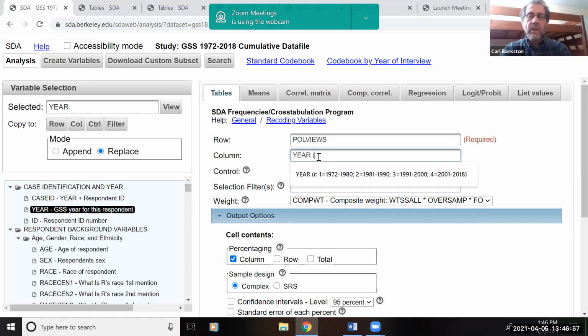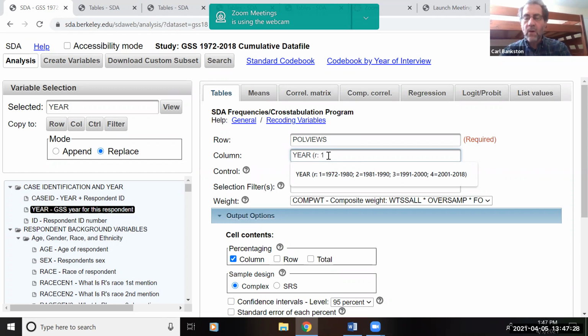What I'm going to do is recode that to make it simpler, and I'm going to put it into 70s, 80s, 90s, and 2000s. And of course, this begins in 1972 and ends at 2018. And so those are the years that I'm going to have to take as my beginning and end. And I put in parenthesis, and then R means recode. A colon means do the following.